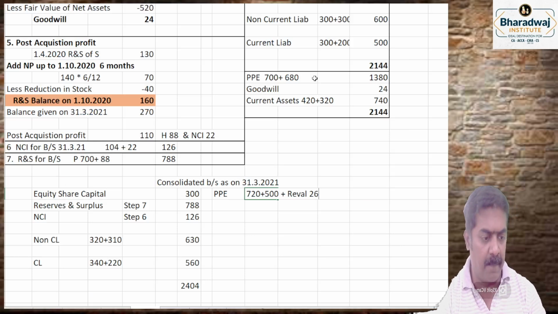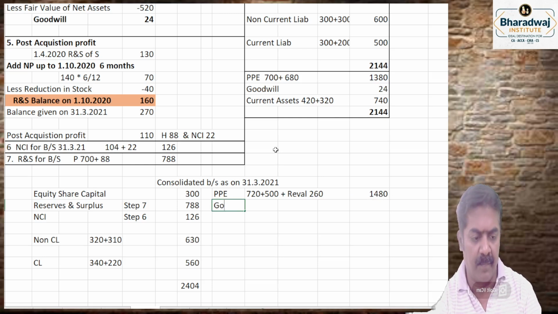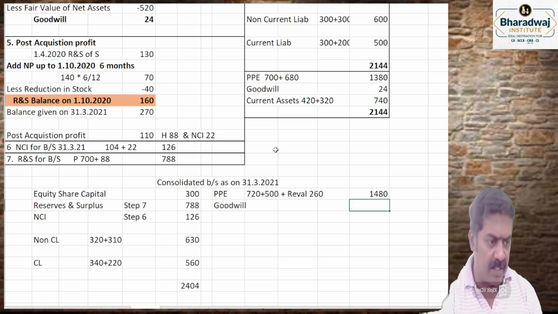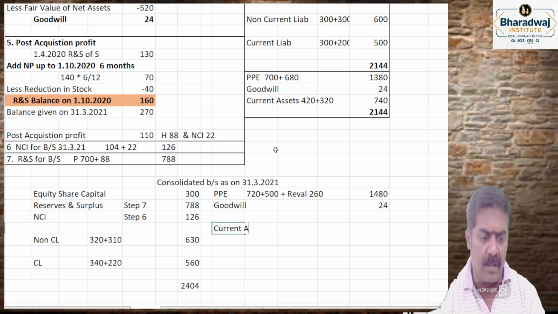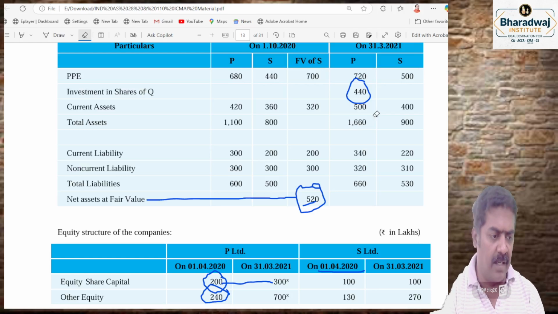How much? 260. 1480 PPE. Goodwill, there is no change in the value. What was the goodwill? 24. Current assets at the end of the year, 500 plus 400.